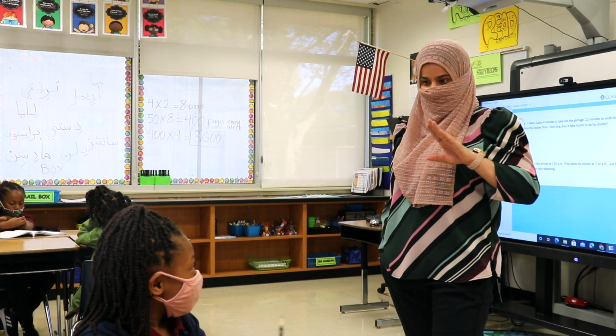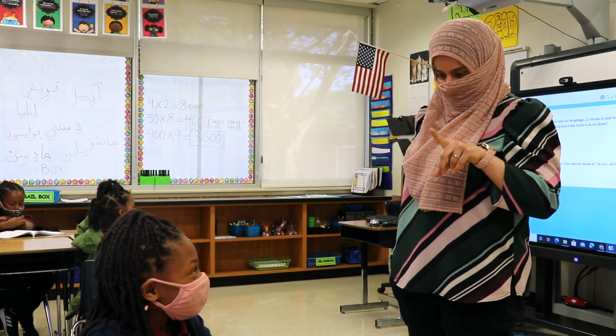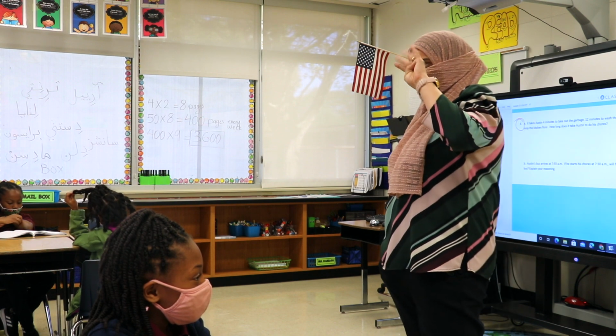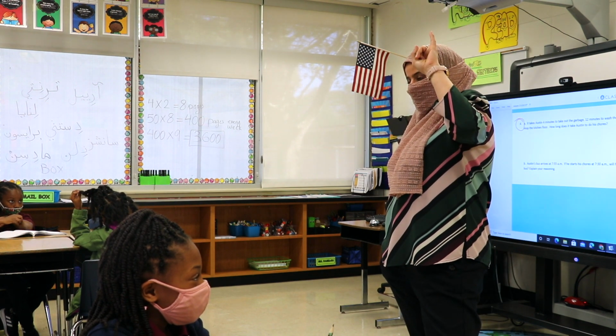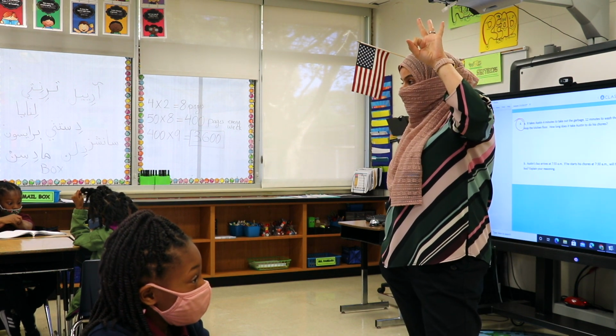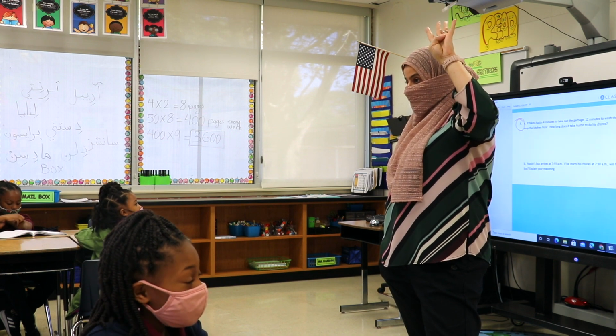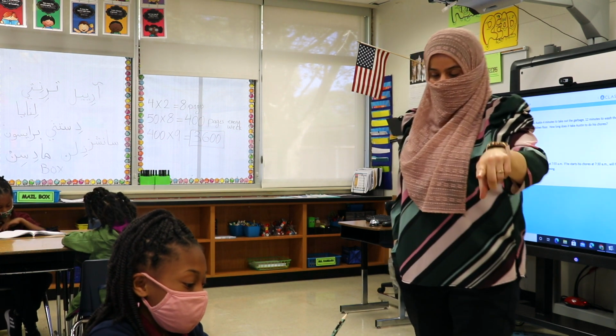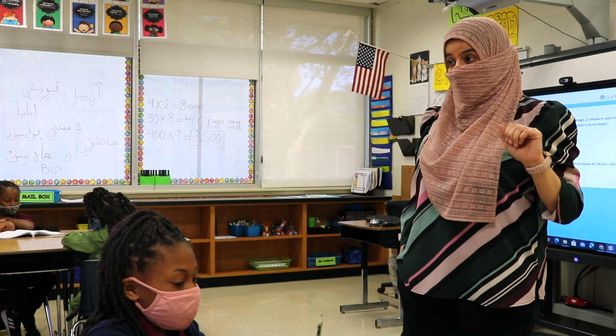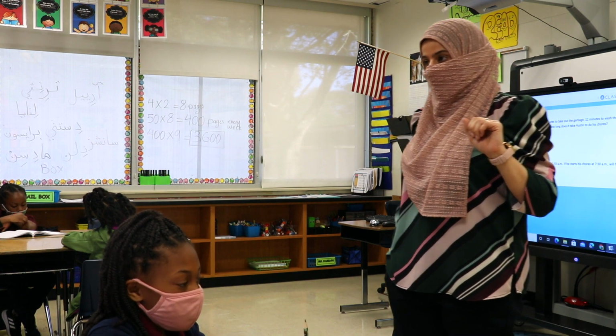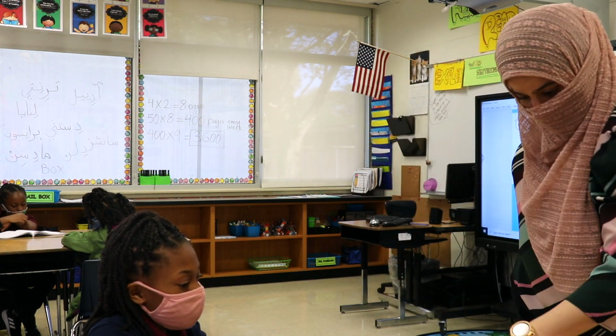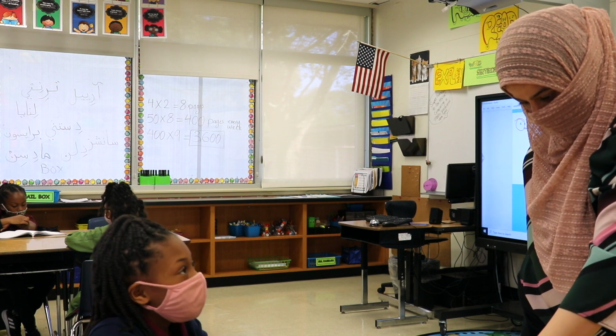That's the operation. We have 4 mathematical operations: addition, subtraction, multiplication, and division. To solve this problem, we have to add. Now, is there a clue that tells you that we have to add?